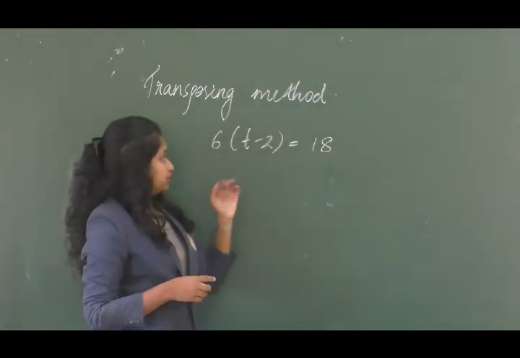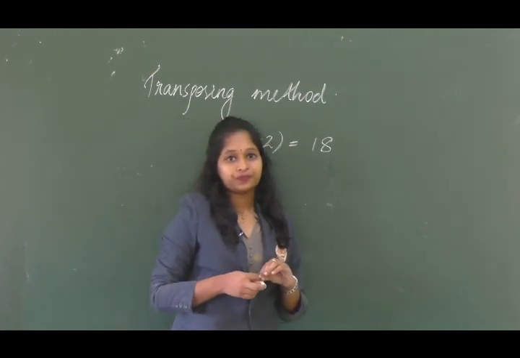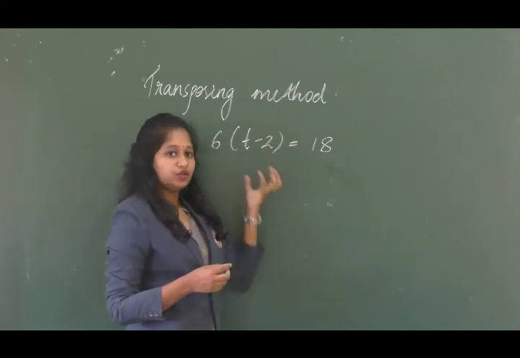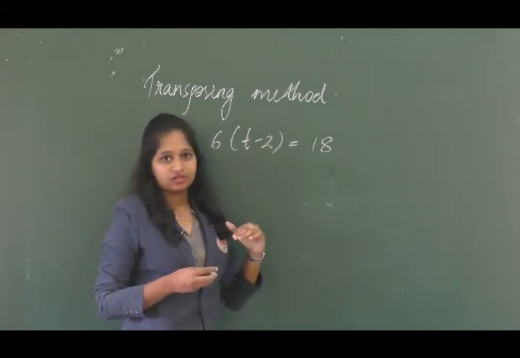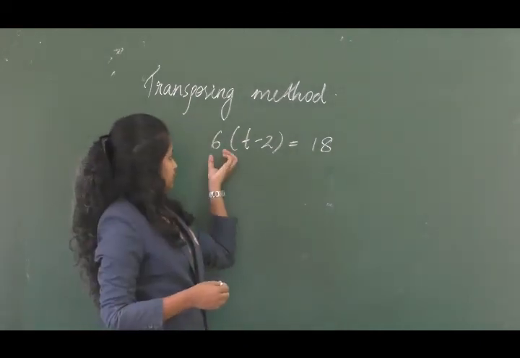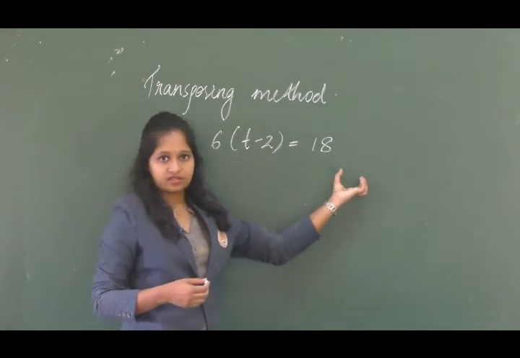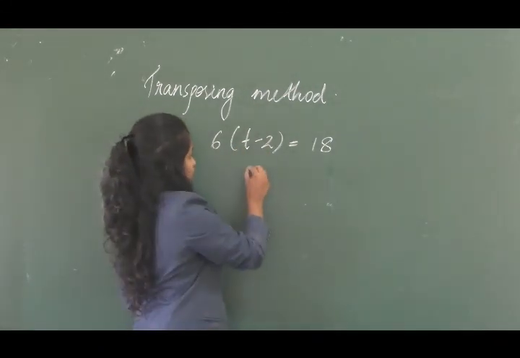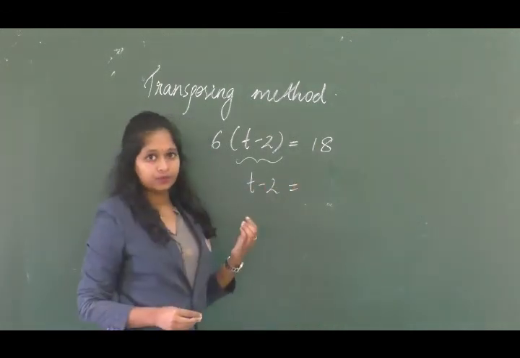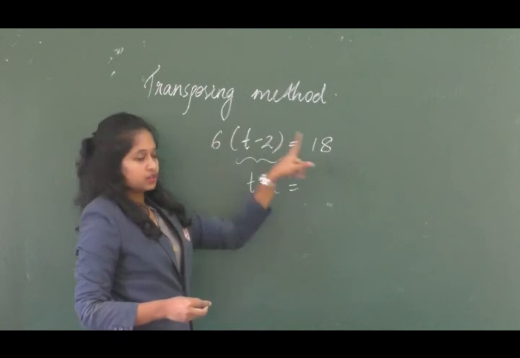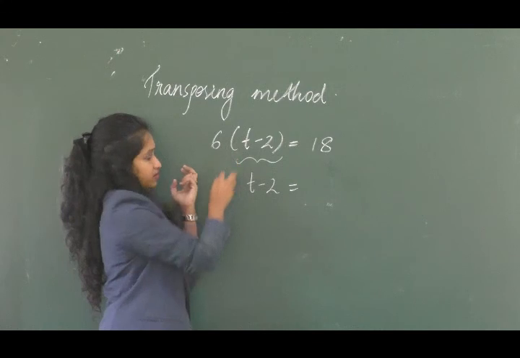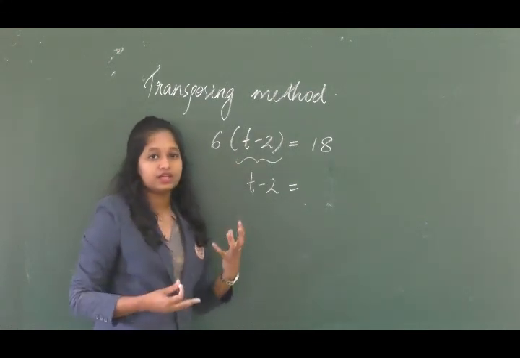Okay, how to find t? First, remove all the numerical parts from the LHS. Okay, but do it step by step. First, let's take this 6 to the other side. Okay, so place this as it is here, t minus 2 equal to, when you take this 6 to the other side, since it is in multiplication, we don't have any symbols here, plus or minus, so it is multiplication.